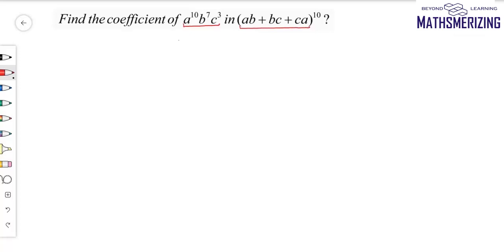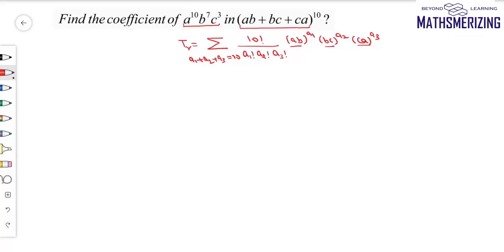So if I write its general term, then I can write it as summation factorial 10, AB to the power A1, BC to the power A2, CA to the power A3 upon factorial A1, factorial A2 and factorial A3, where the sum of A1 plus A2 plus A3 is equal to 10. Now here the variables are AB, BC and CA.